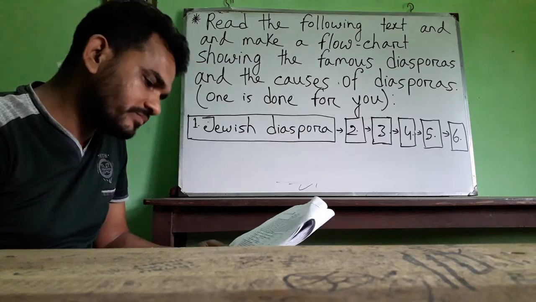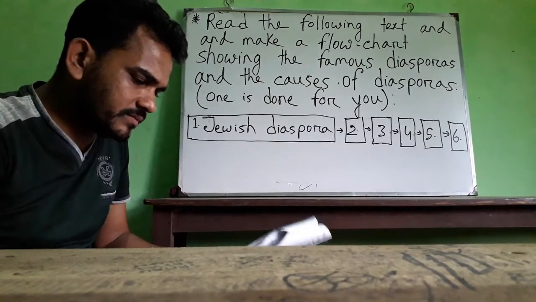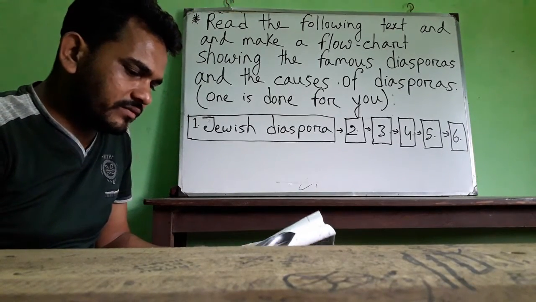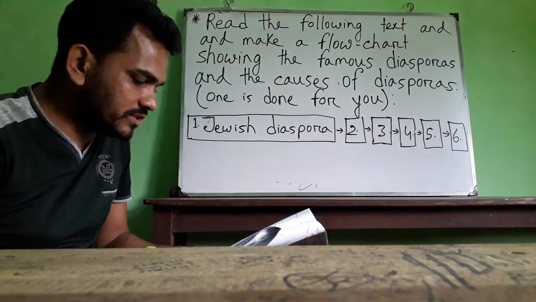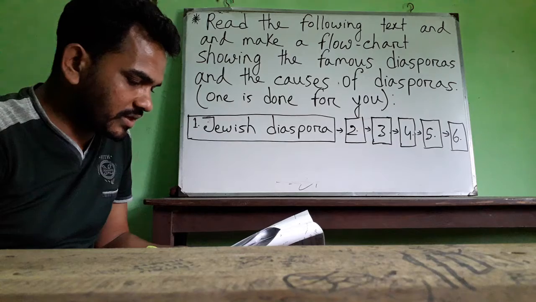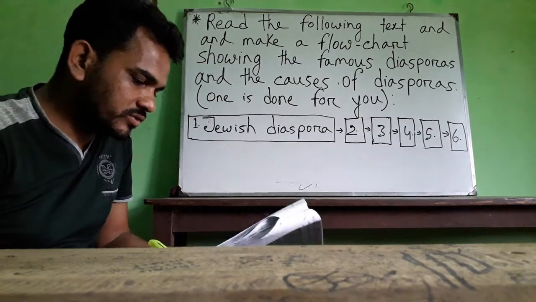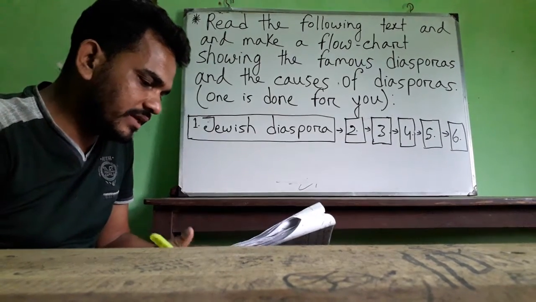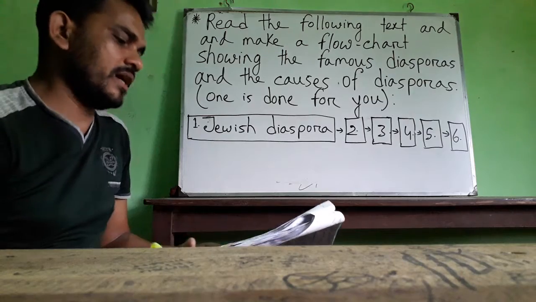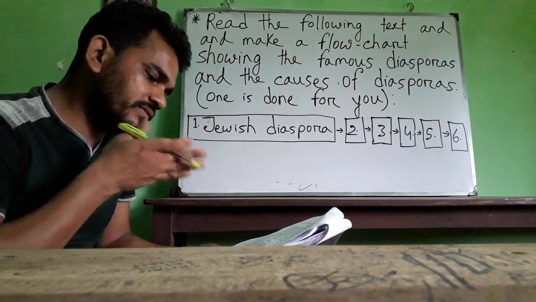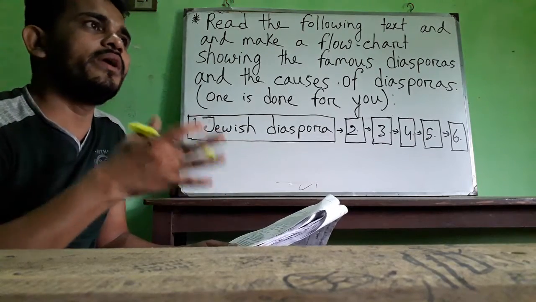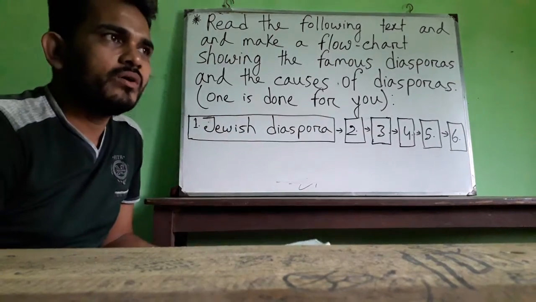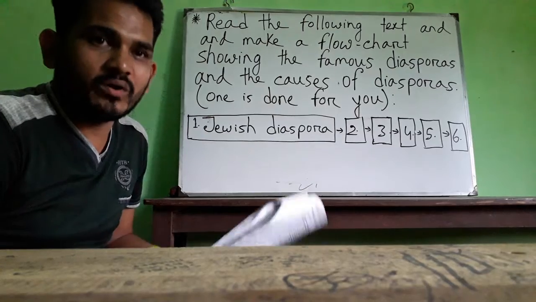So then, next sentence. Among the great diasporas of history is that of the Jewish people who were forced to leave their lands in ancient times. So, my dear students, from this sentence we are going to know who are diasporas.